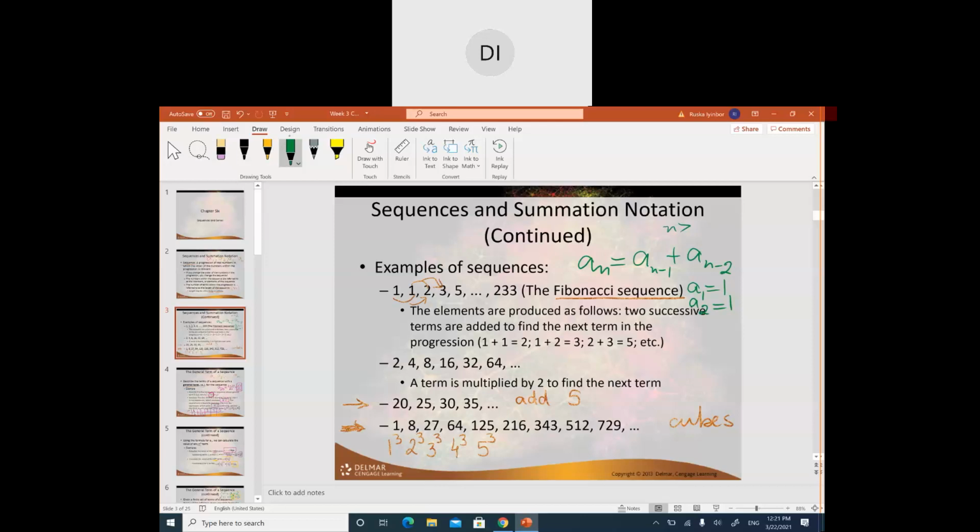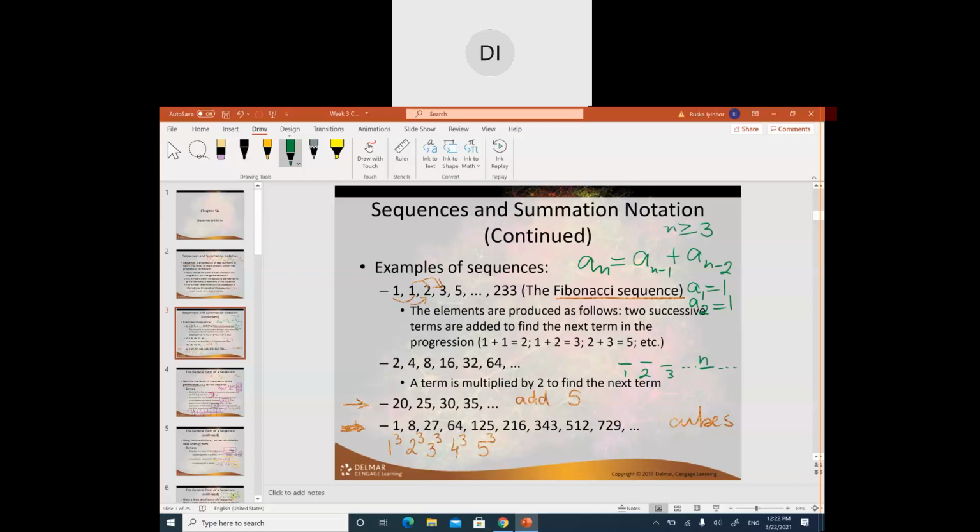I'm sorry, but I'm struggling to understand what a subscript n minus 1 is. Thank you for asking that. So that is which term, which number in the sequence you're talking about. So a_n is the nth term. n could be any number. So you have the first number in the sequence, the second, third, 100, whatever it is, and then you have n, right?